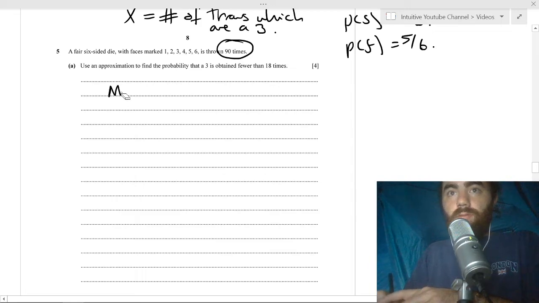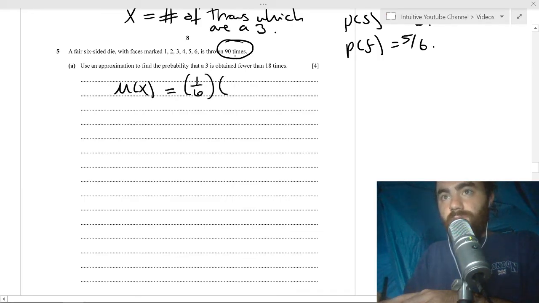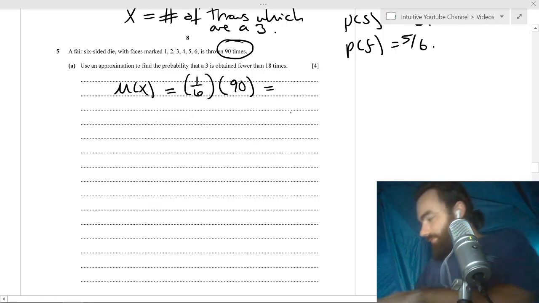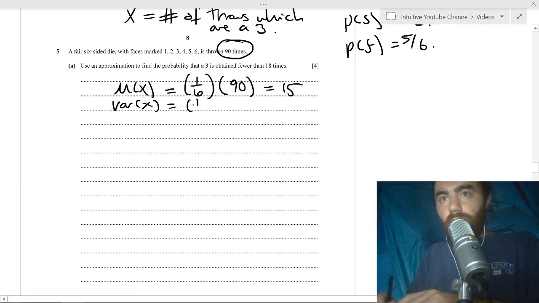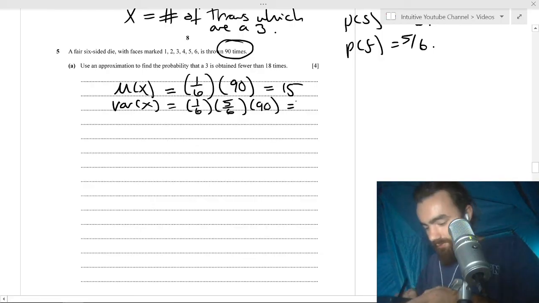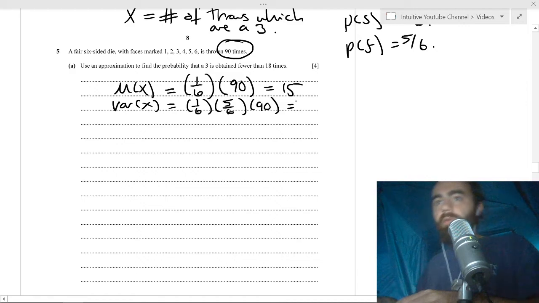So the mean of x equals the probability of success, which is 1 over 6, times the number of throws, which is 90, which equals 15. And then the variance of x equals npq, which is 1 over 6 times 5 over 6 times 90, which equals 12.5.